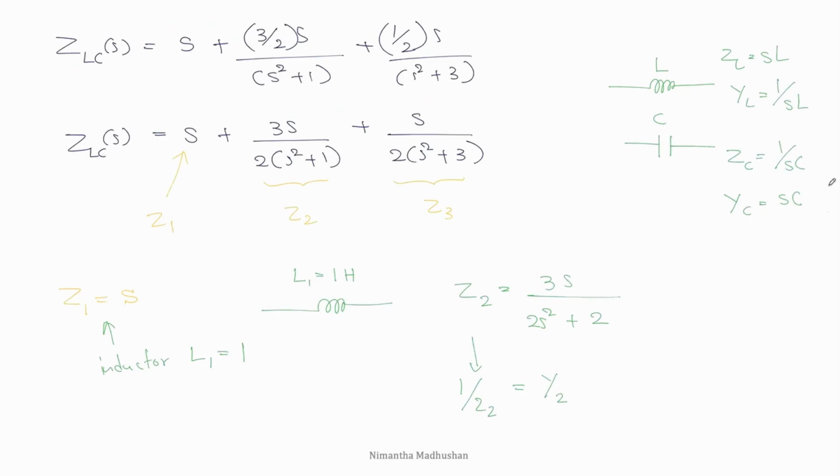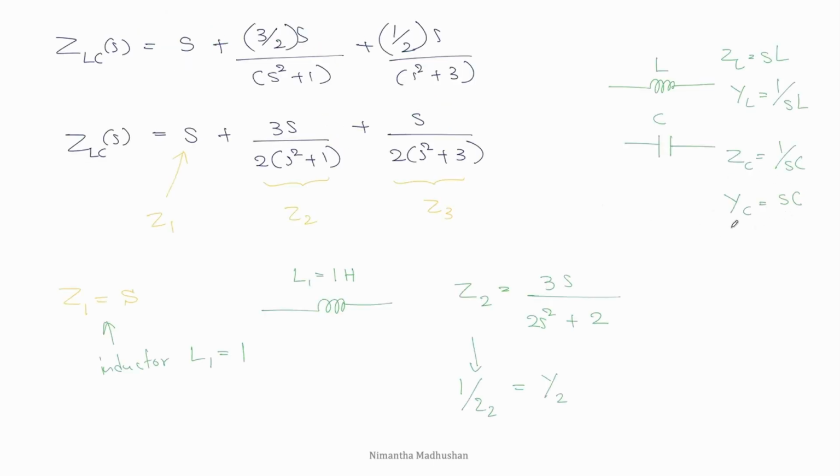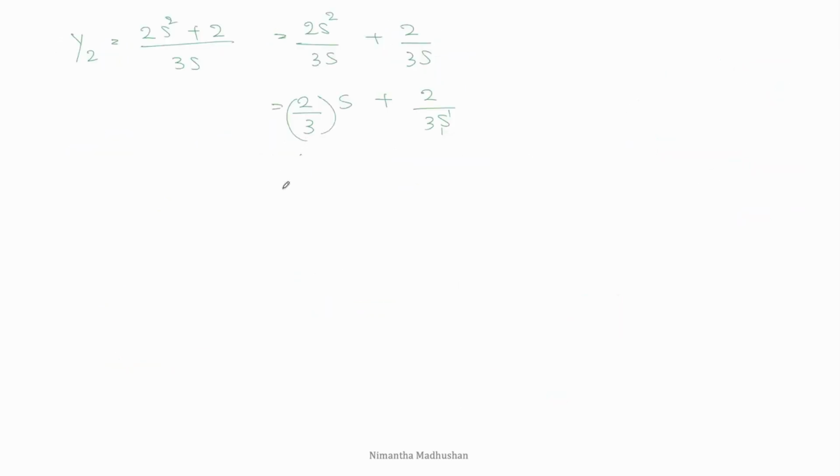Then we have to consider the admittance value. If I consider this value, 2 over 3S, we can see it is similar to the admittance value of a capacitor. Then this will be a capacitor. This one is the capacitor value, I name it as C1. Value is 2 over 3 farad.